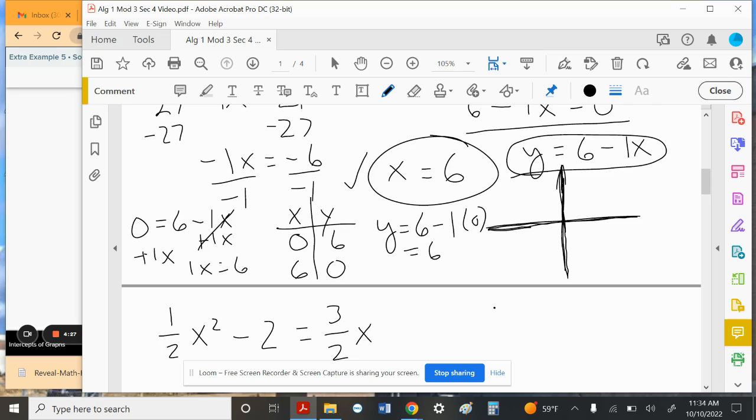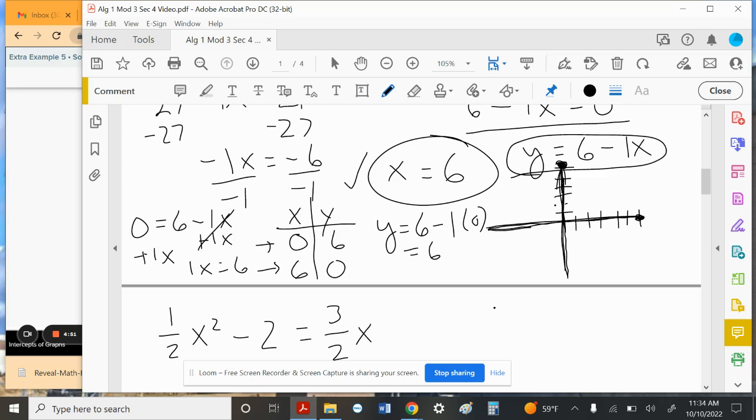When x is 0, y is 6: 1, 2, 3, 4, 5, 6, so I have a point all the way up here. My second one is 6, 0: 1, 2, 3, 4, 5, 6, so I have another point over here.